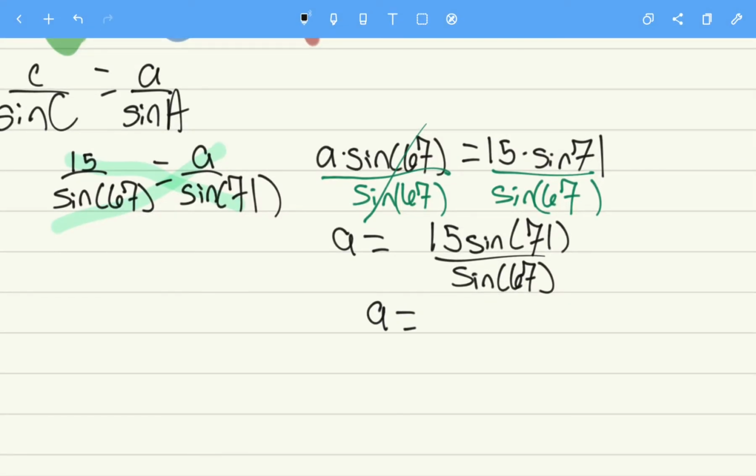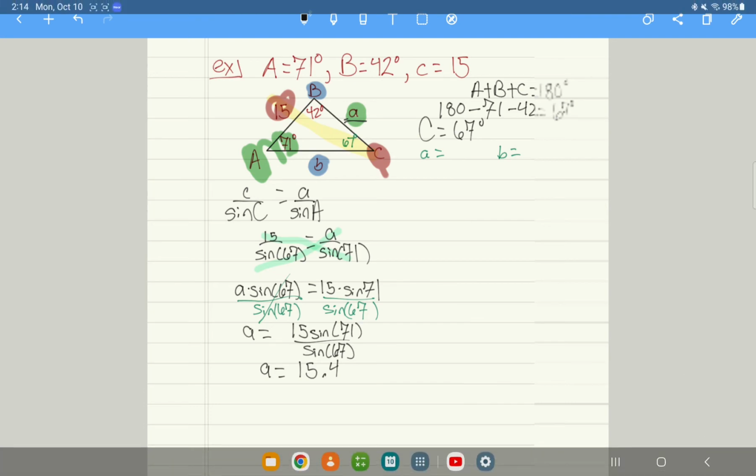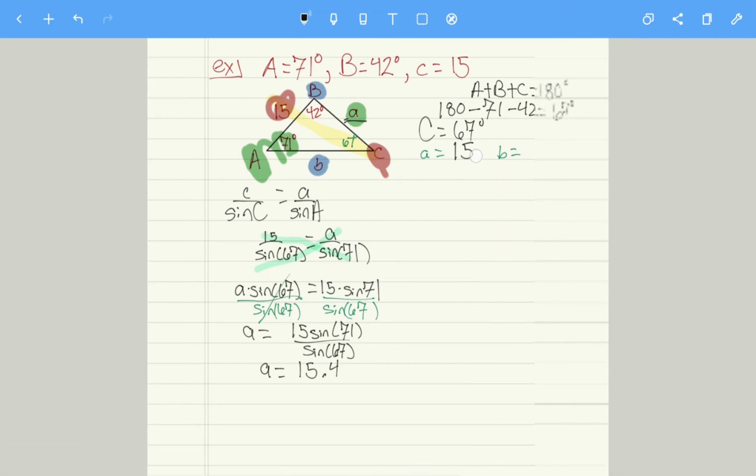So we know side A is 15.4. I've gone ahead and moved my work over here. We know side A is 15.4. Now let's look for side B, which we're going to do basically the same process.